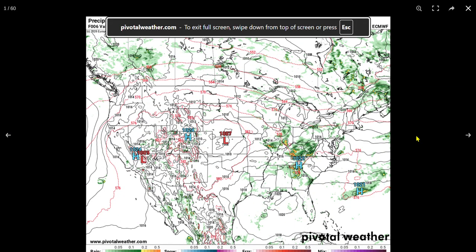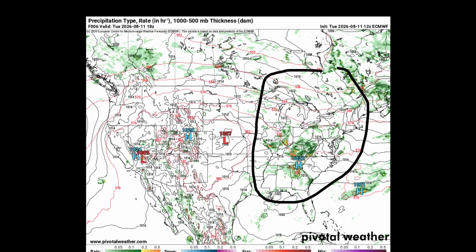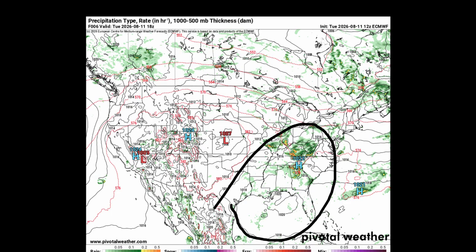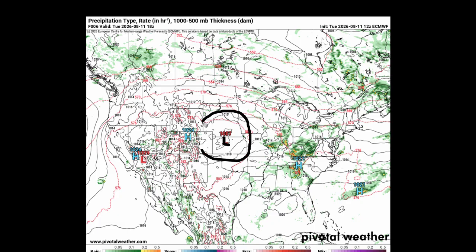Starting off with the European model, you could see today we have some nice activity going on throughout the eastern United States. We have really this pattern of warmth that is allowing for all this thunderstorm activity to develop. We have this low pressure system here in the Central Plains that's honestly not providing much in the way of precipitation because all the precipitation is going north of it here, as you can see.